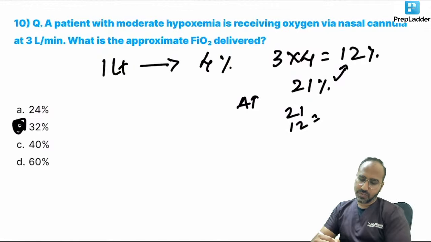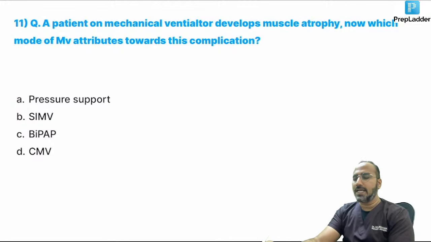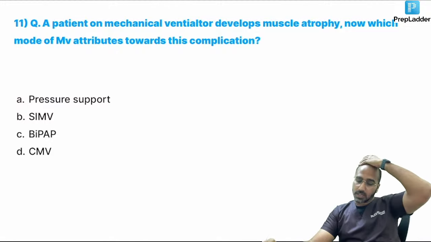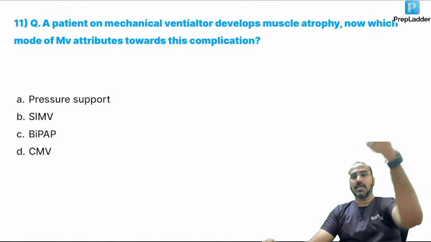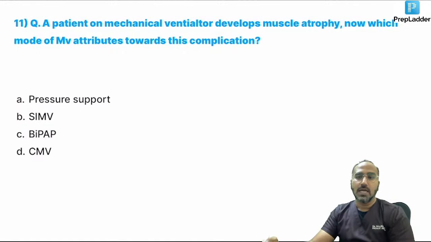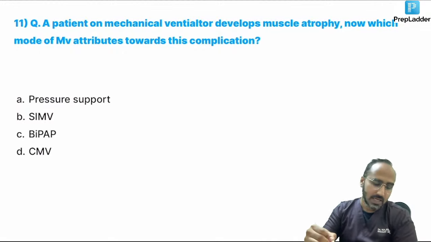Okay. Next. A patient on mechanical ventilator develops muscle atrophy. Now, which mode of mechanical ventilator contributes towards this complication? Patient was on mechanical ventilator, develops muscle atrophy. Now guys, remember there are many modes of mechanical ventilators, but on which mode will the patient develop this muscle atrophy?